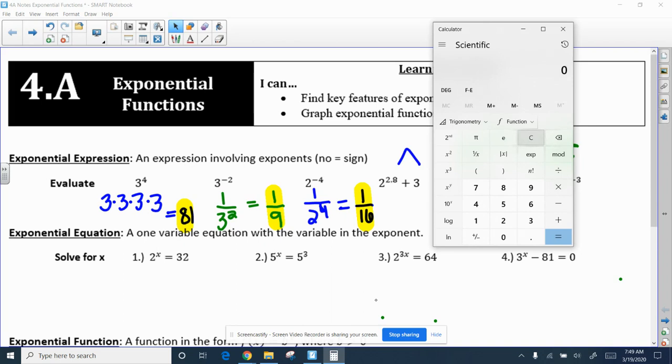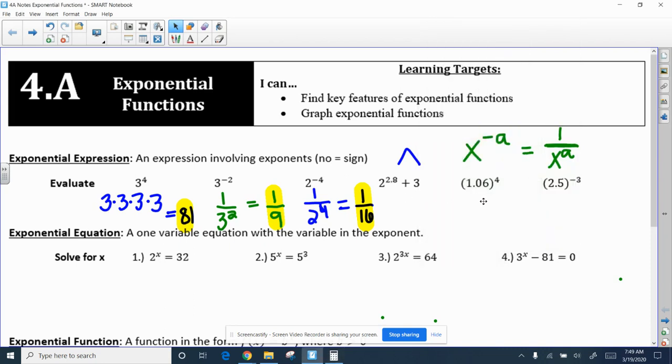I'm not used to this calculator. Here's the negative button. So let me try that again. 3 to the negative 2 power, it gives us a decimal number. So we don't want to have that as a decimal. That's why we're going to have to do those ones by hand.